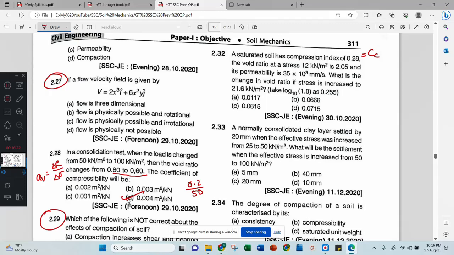The void ratio at a stress of 12 is this much, and its permeability is this much. What is the change in void ratio if stress is increased to this much? Take log 10 equal to this, they have given, means calculator is not given, no? That's why the log 10 value is given.